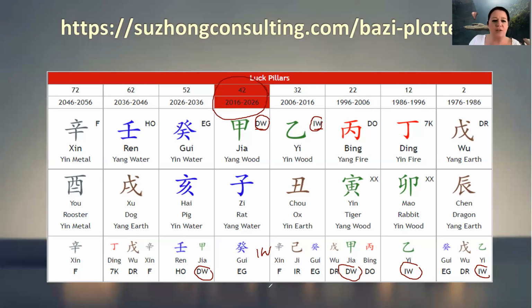You're not really that money conscious. But once you go through one of those luck pillars that have a wealth element, suddenly you think much more about how to make money, how to make an extra income, whether or not you want to invest, what your financial future looks like. So automatically your mind will change towards becoming more financially aware.